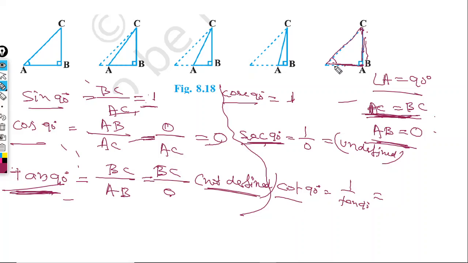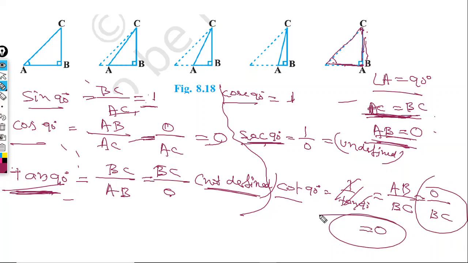Cot 90 means adjacent side divided by opposite side, that means AB by BC. Now the length of AB is 0, so it is 0 by BC, which is equal to 0. So we can say cot 90 is 0.